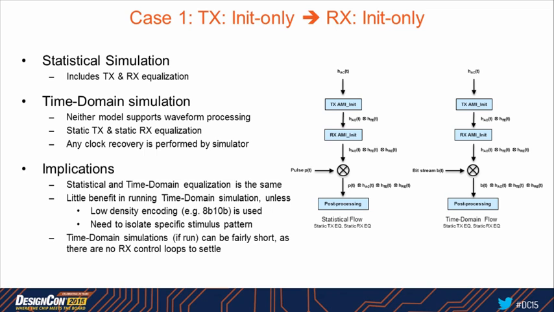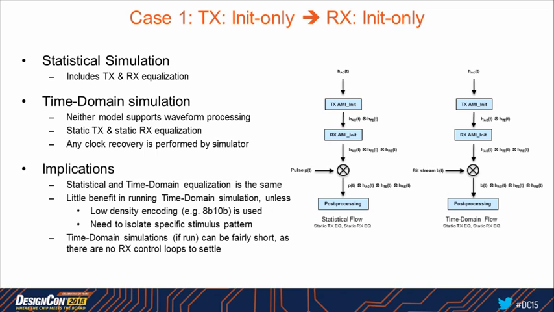It also means that there's really not much reason to run a time domain simulation. You're not going to learn anything new, right? Because there's no unique behavior in time domain unless you're using a data pattern like a low density one, like 8B10B, that violates the assumption of random data used in a statistical simulation, or you have some really good reason to look at the network's behavior to a specific stimulus pattern.